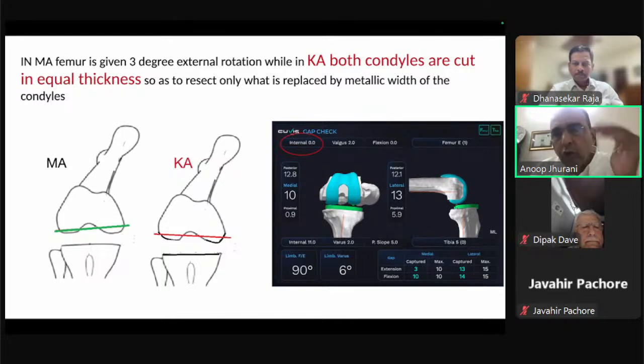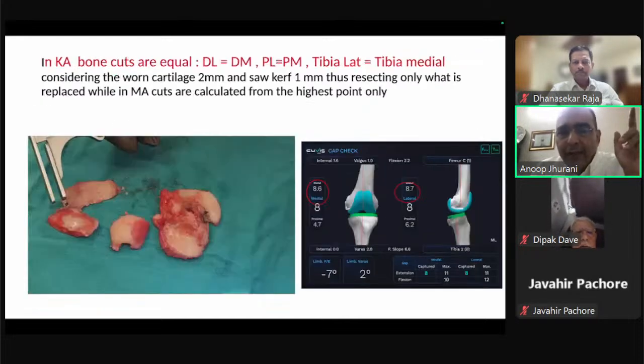Is of no value. Insole boot is of no value. What is of value though is that you recreate the posterior condylar joint line which is perpendicular to the flexion extension axis of the knee. By cutting equal posteromedial and posterolateral, the concept is very simple. And once you do that, you will cut like this. So your distal lateral cut will be 8 millimeters.